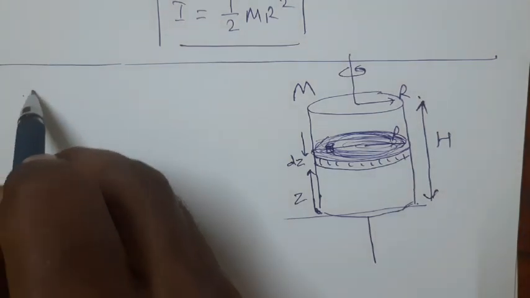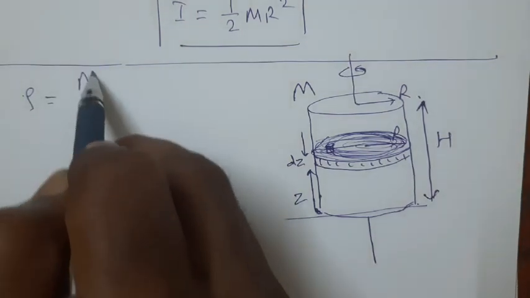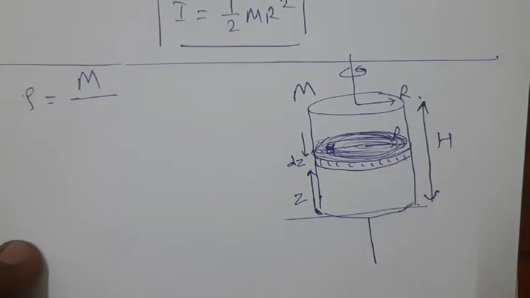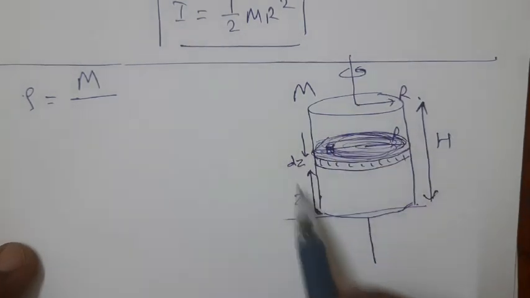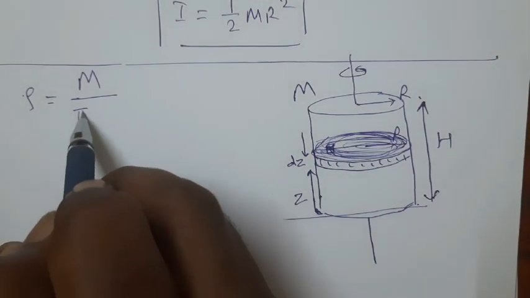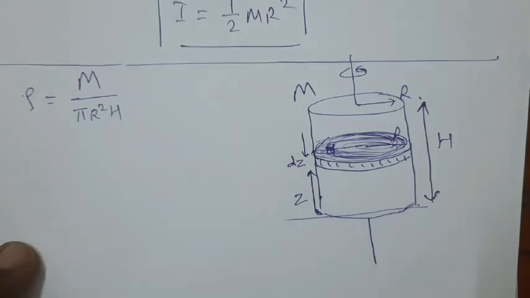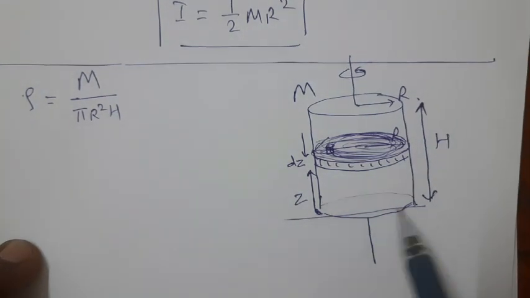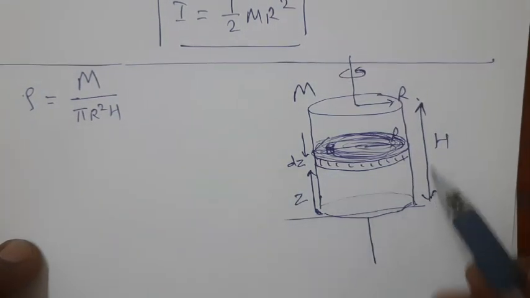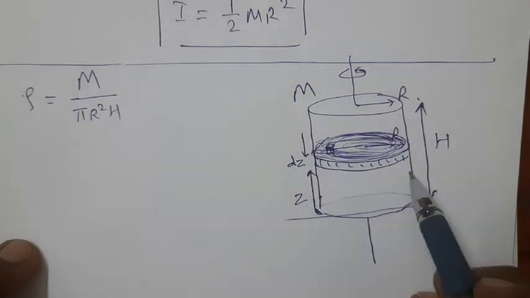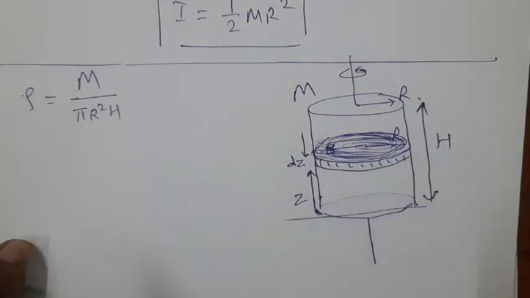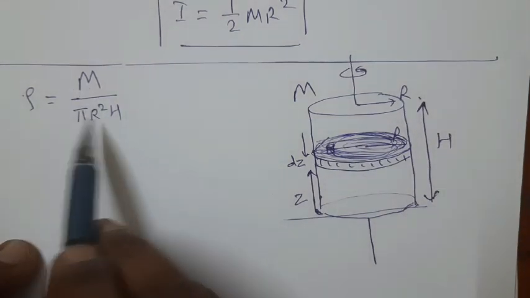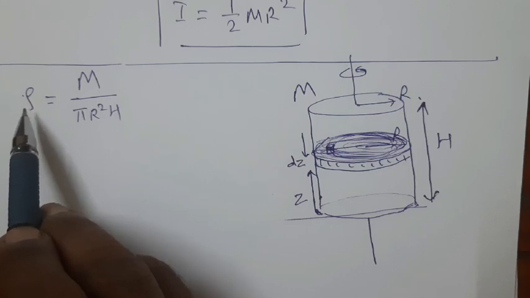I will have to consider rho, that is volume mass density. It is mass upon volume of this cylinder. What is the volume? It is pi r square h. Pi r square is the area of base, h is the height, and therefore pi r square h is the volume. Total mass divided by volume is the volume mass density.